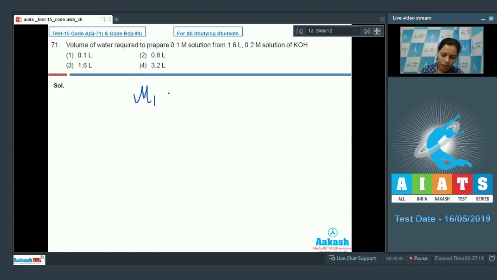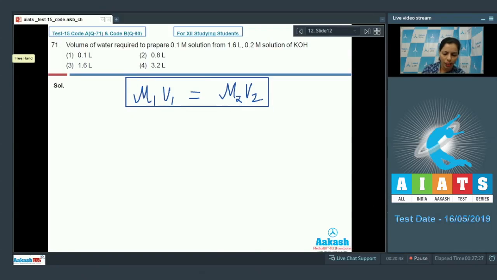And what's that? M1V1 is equal to M2V2. So first of all, we'll find out the actual volume required there. Volume of the water required to prepare 0.1 molar solution from 1.6 liter 0.2 molar solution of KOH. So basically in this case, we already have 1.6 liter, M1 and V1 are given.